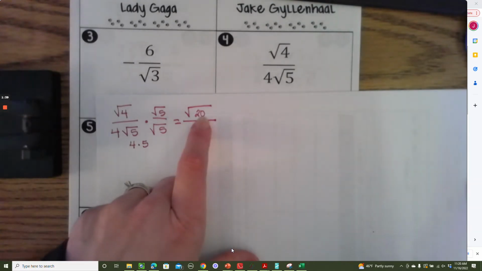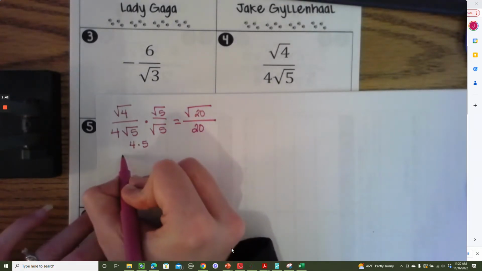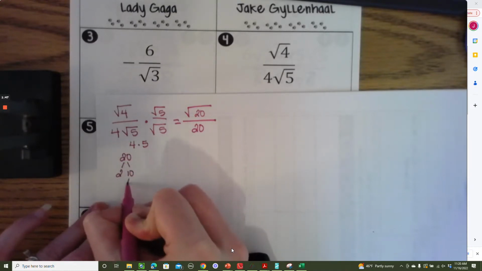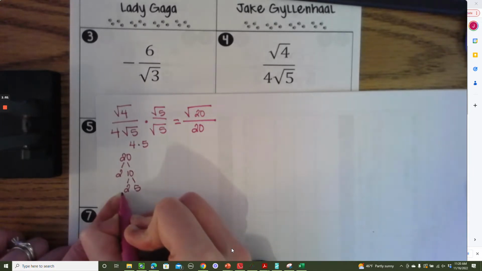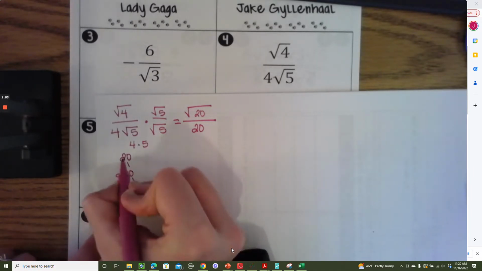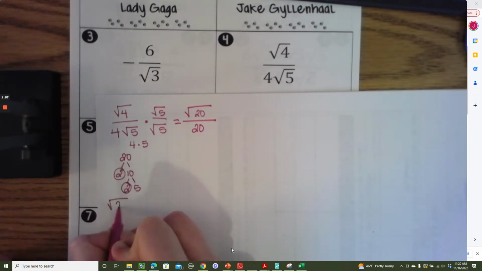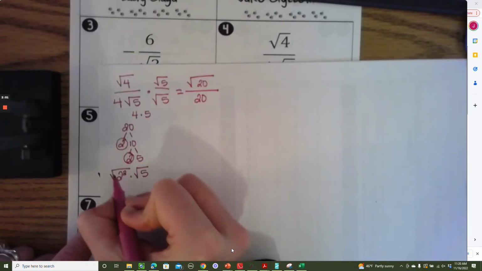Now, square root of 20. Will that break down any further? 20 is 2 times 10. 10 is 2 times 5. Remember, all we need is a pair, and it breaks down. So 20 is the same as the square root of 2 squared times the square root of 5.